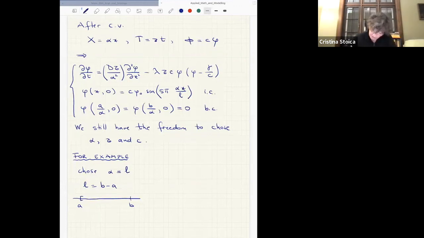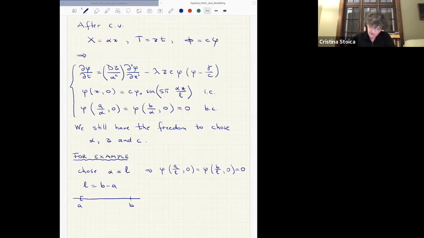The boundary conditions become phi in A over L 0 equals phi in B over L and 0 equals 0. In this way we're introducing the characteristic length to be actually the length of the interval where we are solving the PDE. That makes sense.